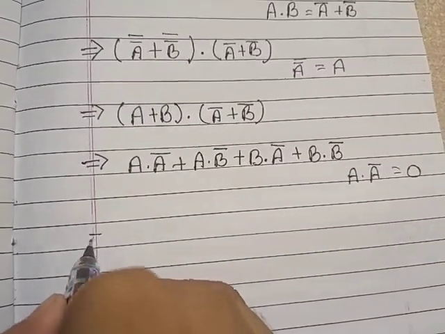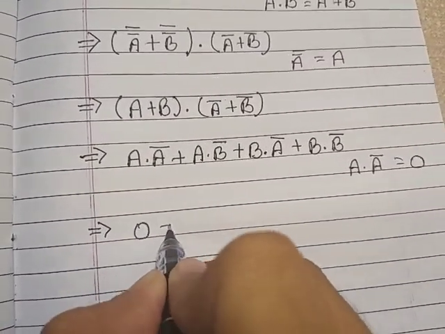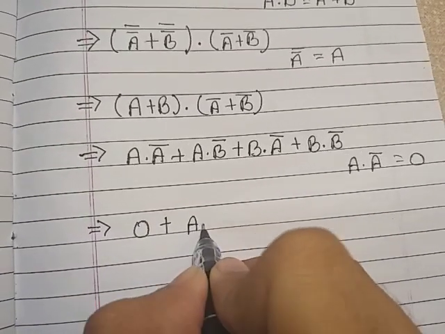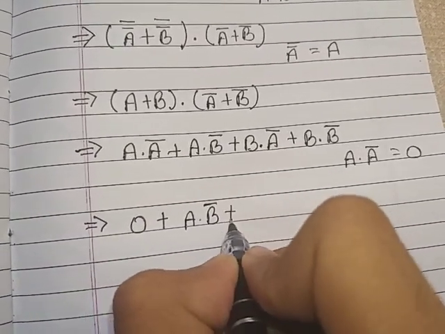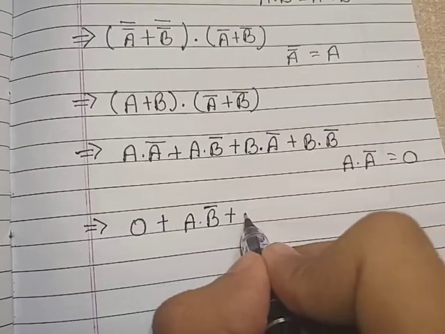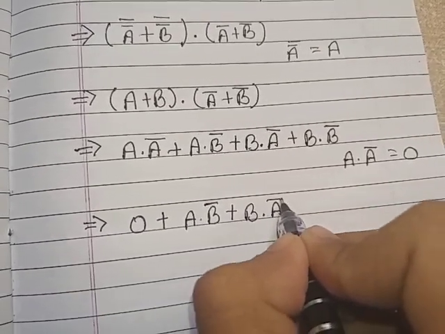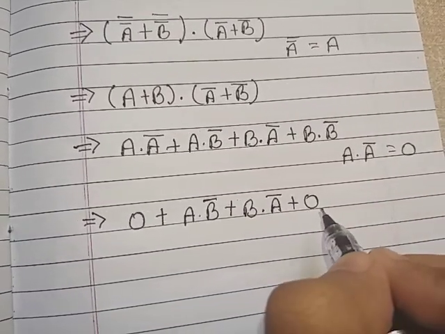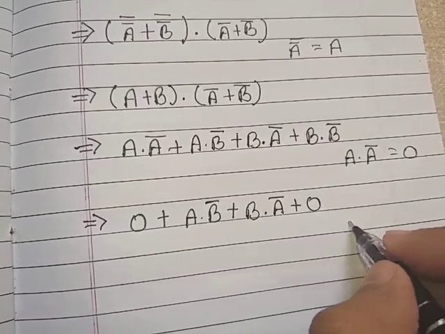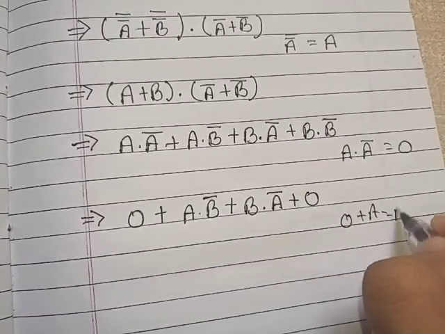So we will get 0 plus a dot b bar plus b dot a bar plus 0. Now 0 plus a is equal to a.